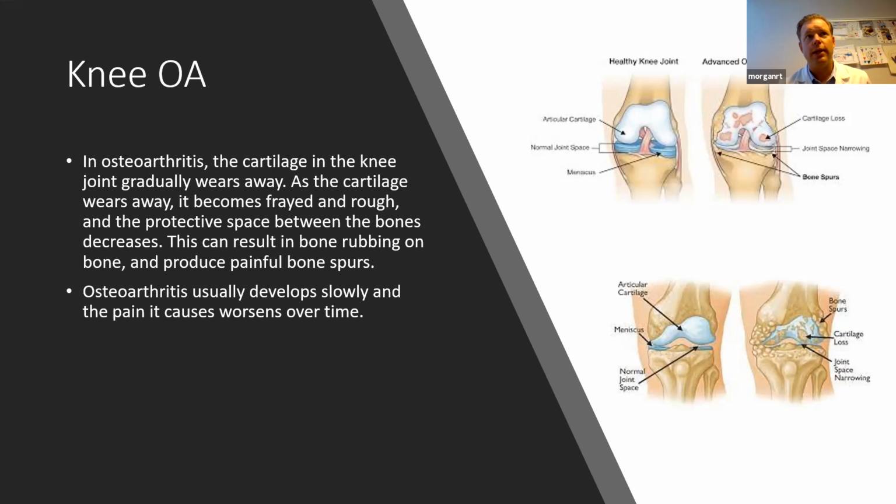And so here are some pictures of what knee arthritis can look like. What it is, the cartilage in the knee wears away. The cartilage is at the joint, at the end of the bones.